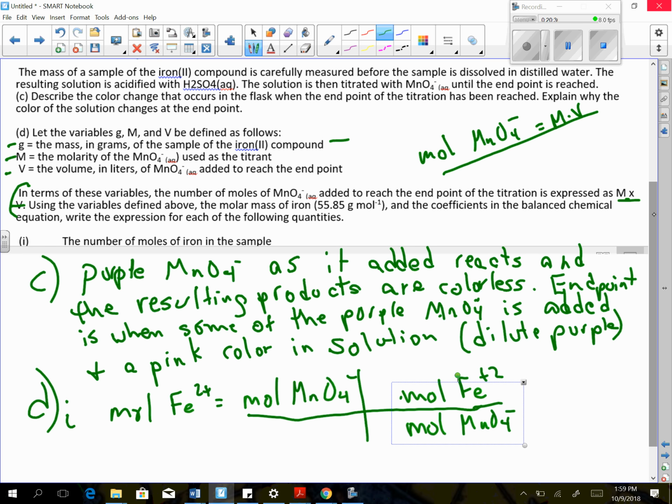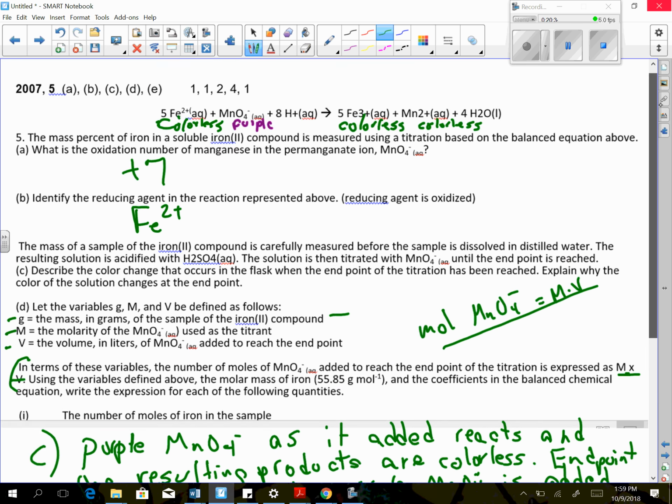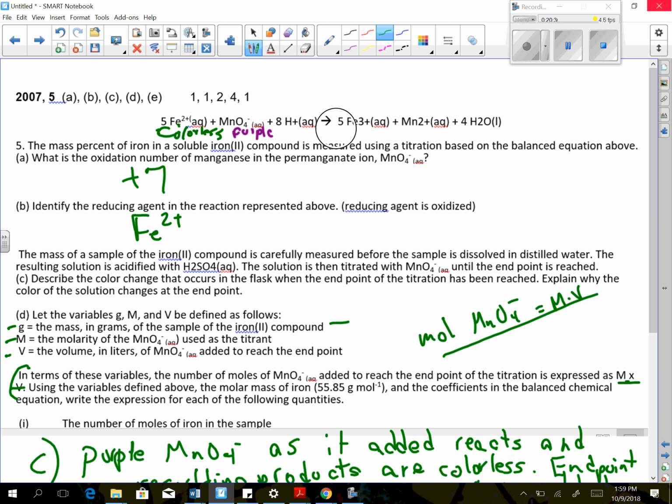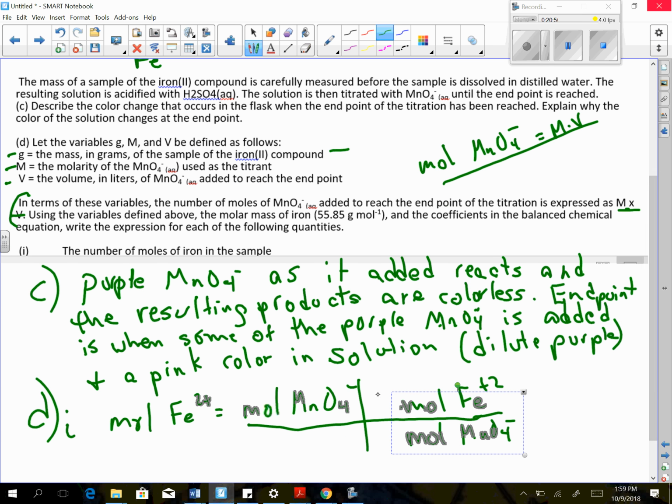Mole to mole ratio. So let me go back up to my balanced chemical equation, and I am looking right here. I have 5 irons reacting with every 1 permanganate ion. So these guys are in a 5-to-1 mole to mole ratio.